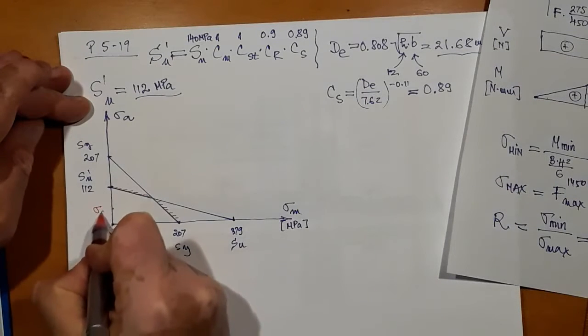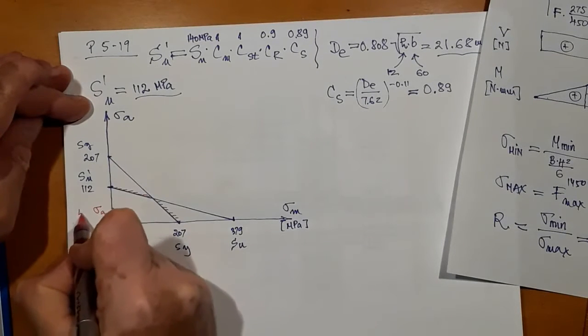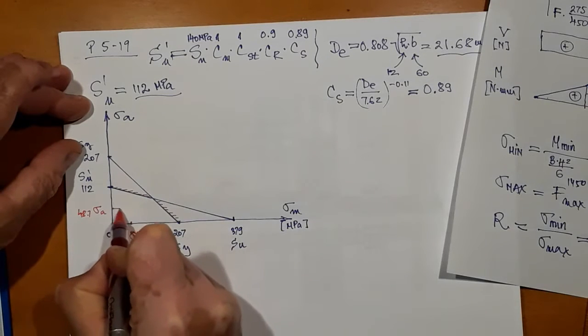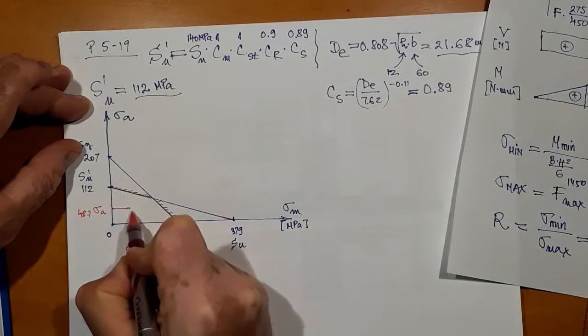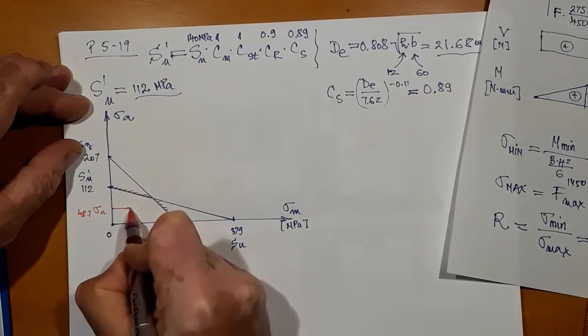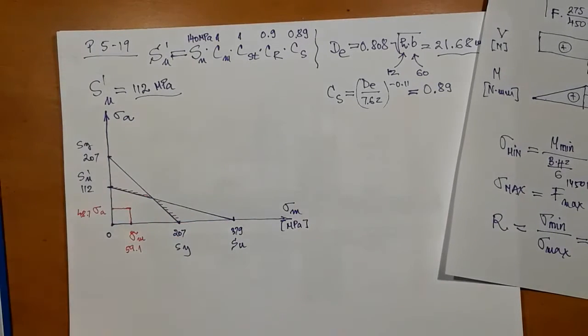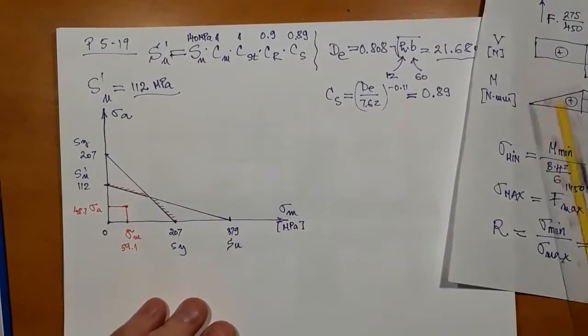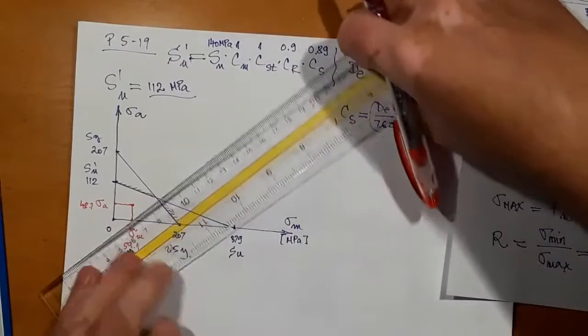So this is sigma alternating, 48.7. Again, using drawing instruments and a high resolution figure, you of course achieve better accuracy.